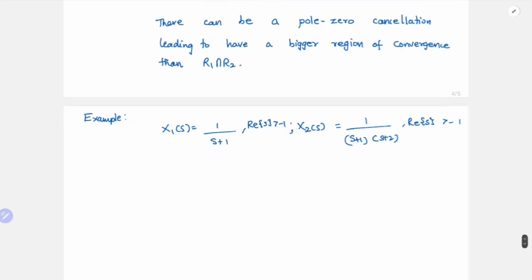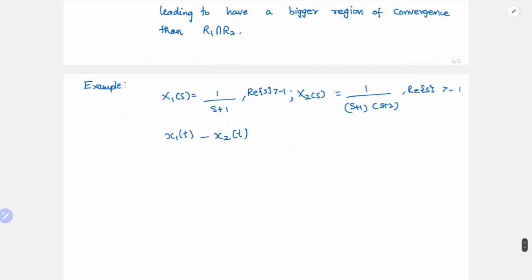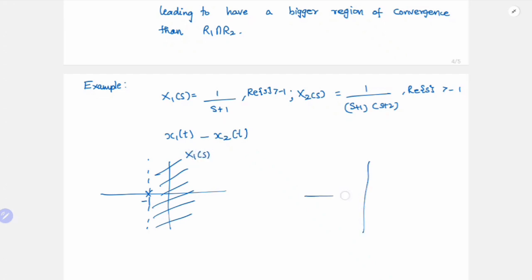Okay. So now I want to find the Laplace transform of the signal x1 of t minus x2 of t. So what happens here? If I plot the pole and region of convergence for x1, I have minus 1 here. My region of convergence will be this. So x1 of s. For x2 of s, what will be my pole zero plot? Minus 1, minus 2. And this will be my region of convergence.